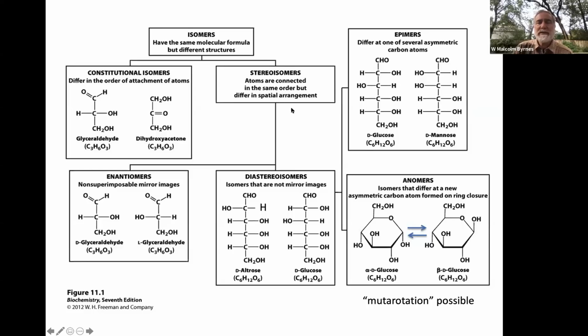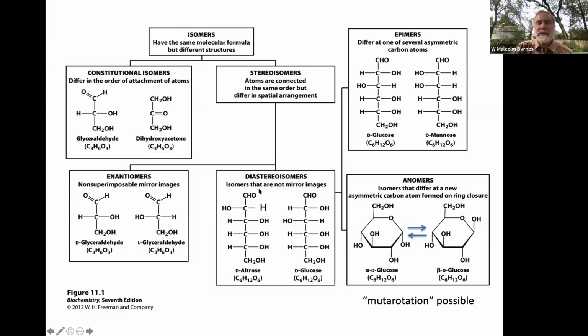In stereoisomers, the atoms are connected in the same order, but they differ in their spatial arrangement. They have different configurations. So we talked about enantiomers. They're a kind of stereoisomer that are non-superimposable mirror images. And we saw the D and the L glyceraldehyde as examples of that.